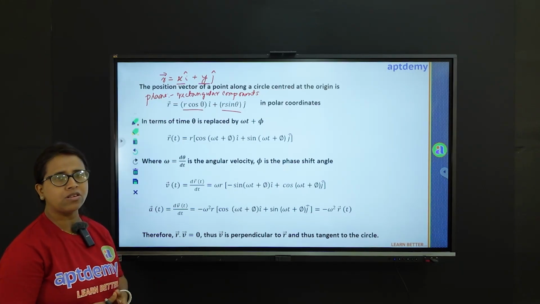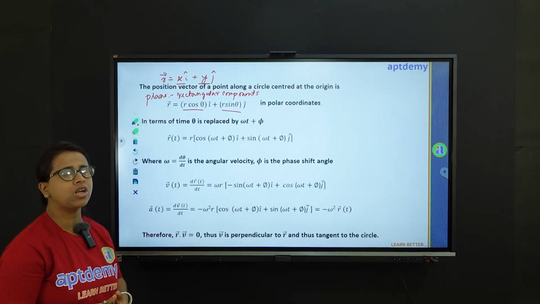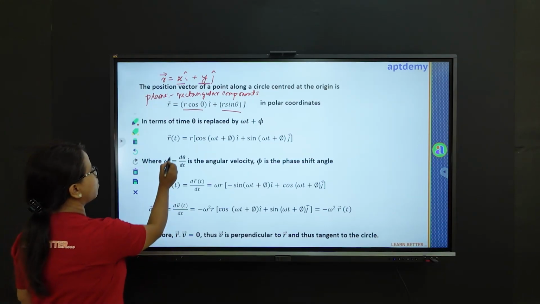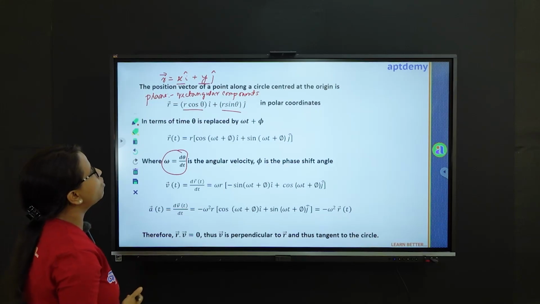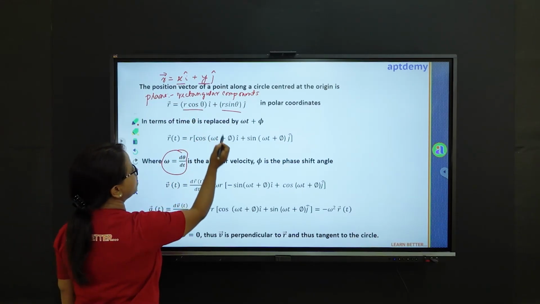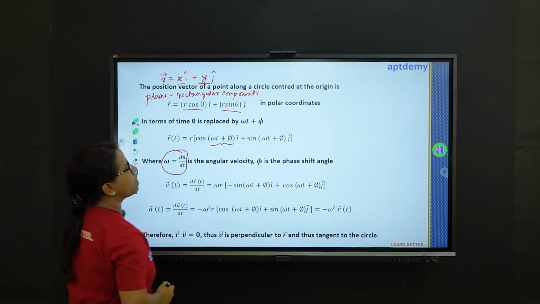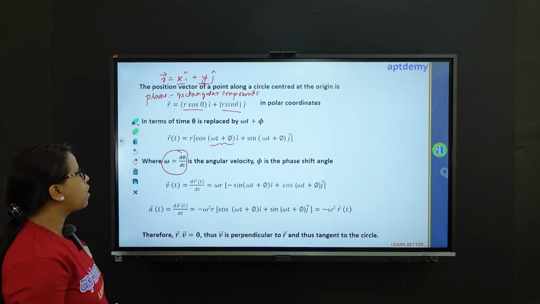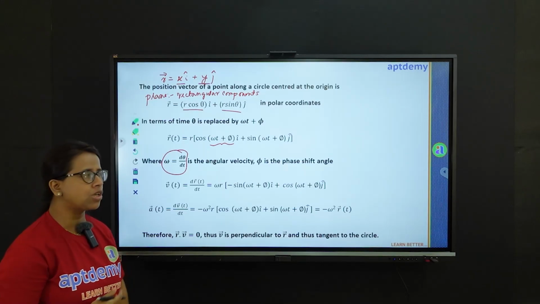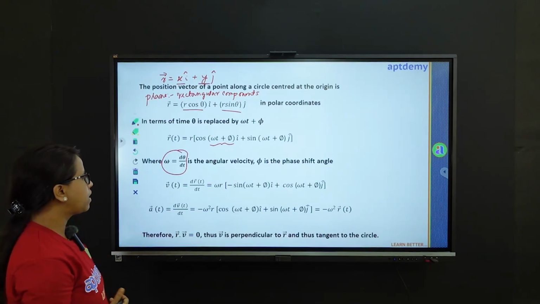Angular velocity, to recall, is the change in angular displacement and is given by d theta by dt. So what we do here is that we replace theta by omega t plus phi. Now velocity can be found out as the differentiation of the position vector.